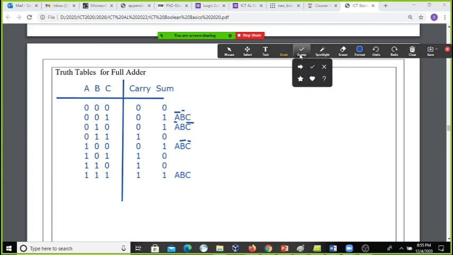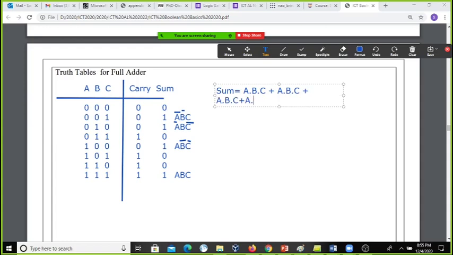So then you get the answer, sum is equal to A into B into C plus A into B into C plus A into B into C plus, there are 4 terms, A into B into C.